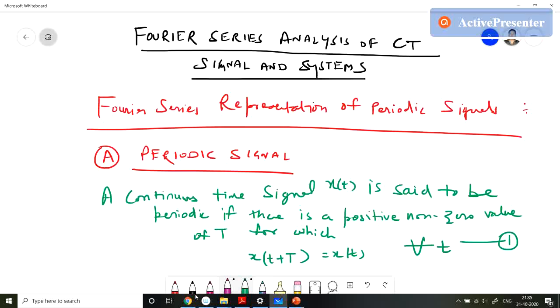So this is equation number 1. This is the definition of a periodic signal.